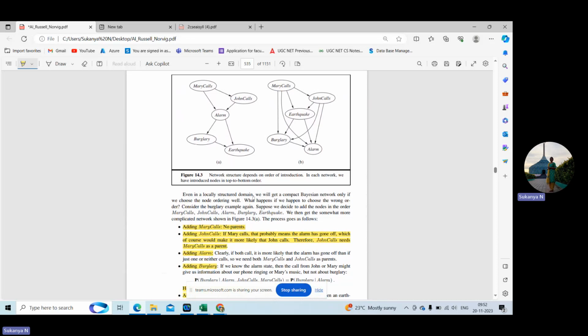how can we write the structure? How can we write the nodes? Now instead of burglary first, we are adding Mary calls, and then John calls, and then alarm, and then burglary and earthquake.